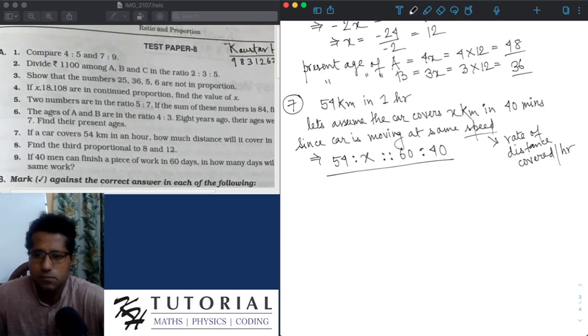Or in other words, this is the mathematical form that we can write from the given fact.